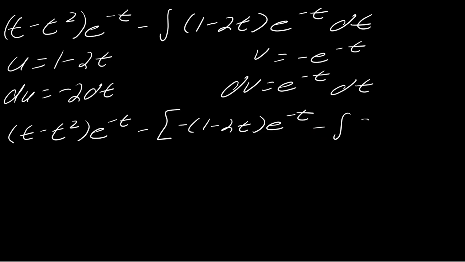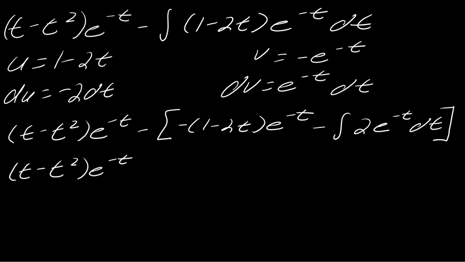So this will be minus 2 e to the negative t dt. Okay, so there's everything. So this is going to be t minus t squared times e to the negative t plus 1 minus 2t times e to the negative t. And then, let's see, this minus here will cancel out with this one, but then I still have this minus. So just be careful with all these minus signs. This becomes minus 2 e to the negative t.